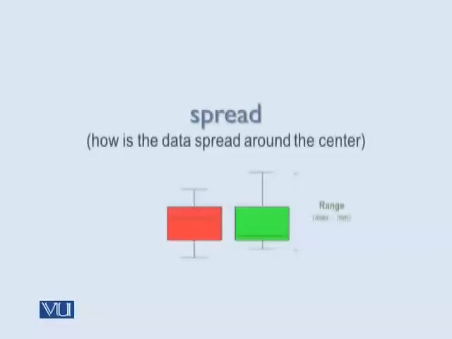So we've already studied, when we talked of the box and whisker plot, of two values which actually indicate the spread of data. The first value is actually the range of data, which tells us the difference between the maximum value and the minimum value. You also have a measure called the interquartile range, which actually tells you the difference between the 75 percentile of the data and the 25 percentile of data.